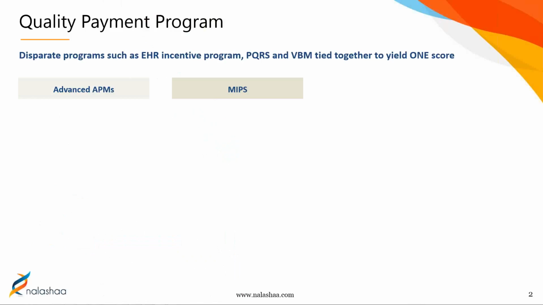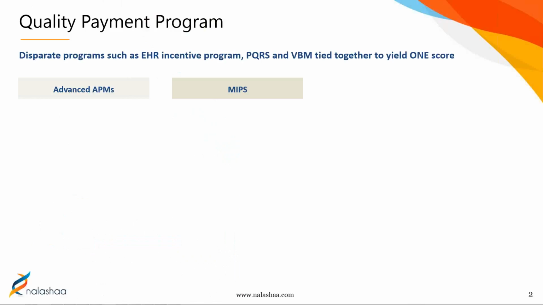Advanced APMs are a subset of APMs where physicians can apply to specific clinical conditions or care episodes. Basically, this population earns physicians 25% of Medicare Part B payments just by seeing 20% of Medicare patients.